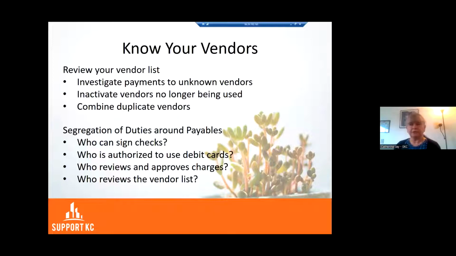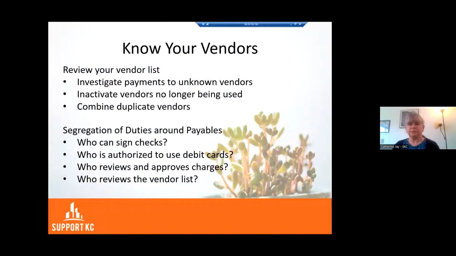We want to make sure that only certain employees that are authorized have those credit cards. And who is reviewing and approving the charges on those cards? Are the employees turning in receipts for every expense? And keeping on top of that every month, every billing cycle on your debit and credit cards.